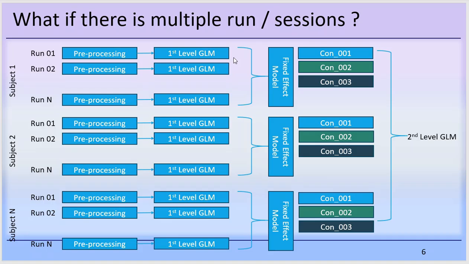And what was the fixed effect model? As we said in the previous tutorial, we use the fixed effect model when we want to use the results of different runs for the same subject. We're not dealing with multiple subjects, we are dealing with multiple runs of the same subject, so we're dealing with one brain only. So until now you have the tool to do this part.